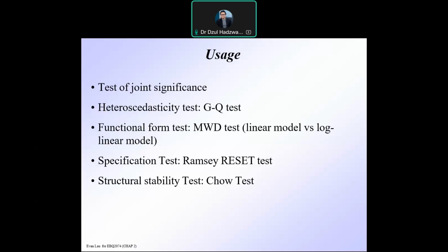I think it is quite difficult for you to understand without any practical activity. Let us have a break.